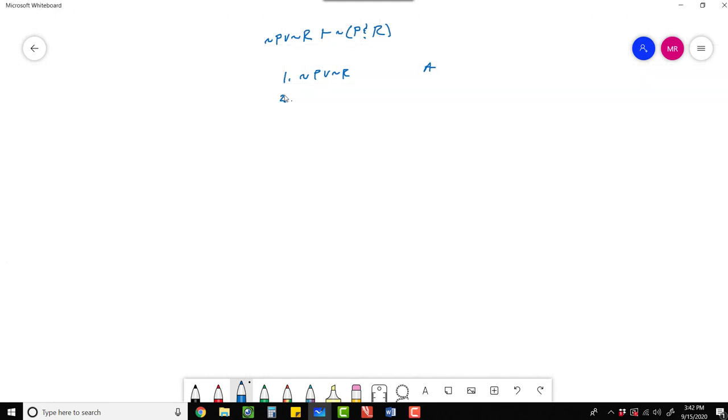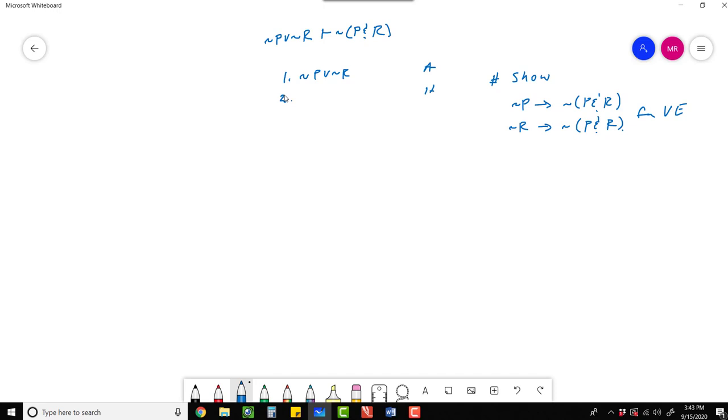So on line 2, what I'm going to do is tell myself, remind myself, that I want to show, right, if not P, then it's not the case that P and R. And they also want to show if not R, then it's not the case that P and R for disjunction elimination.